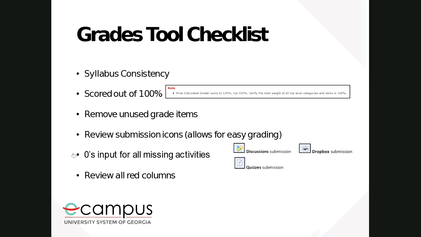I pretty much do them during the operation as the weeks unfold. But be that as it may, when you get to the end, make sure there are no blanks. If there's a blank, it should mean a 0. So be mindful of that. And then review all red columns. All red columns. That's an indication that the grade is very, very low. Please do that.